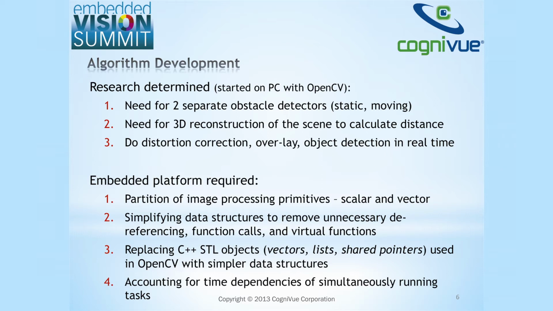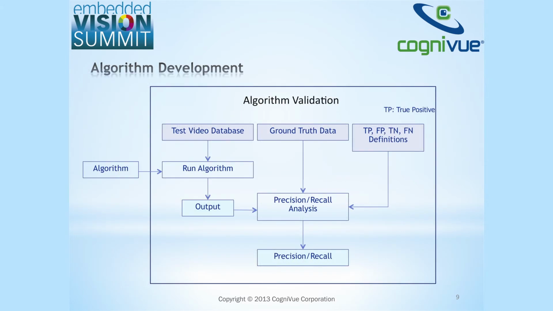So the algorithm validation, too, actually was something we underestimated, which I'll talk about towards the end, but you start off with a test database, and you just don't find this on the web, by the way. Most of your vision applications you're developing, you just can't go somewhere and get them. There's an example I'll show you later where you can, but in most cases you can't.